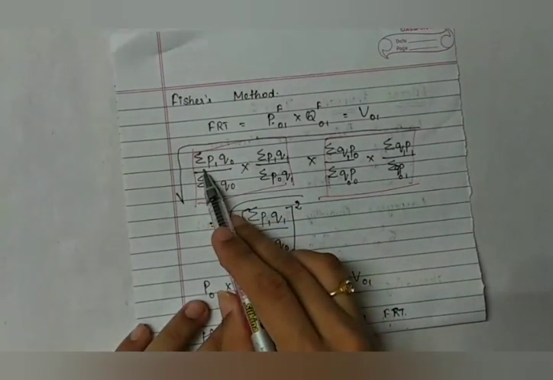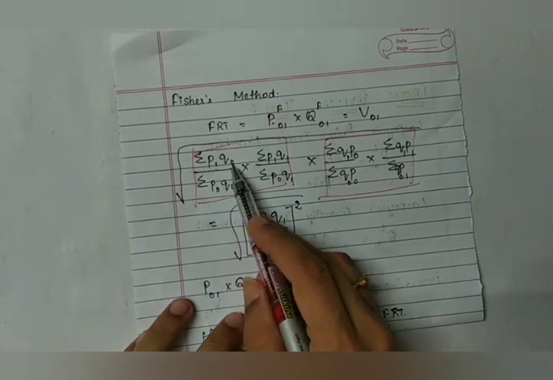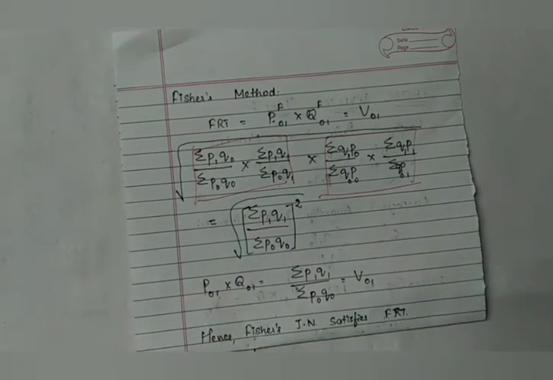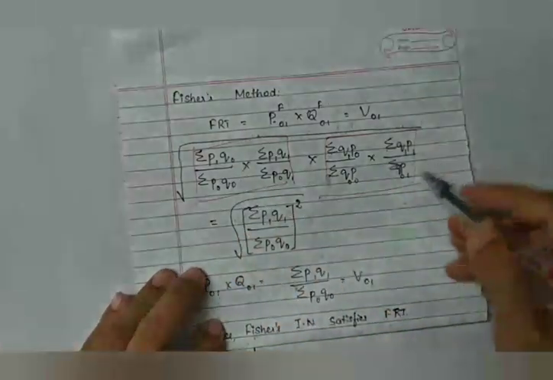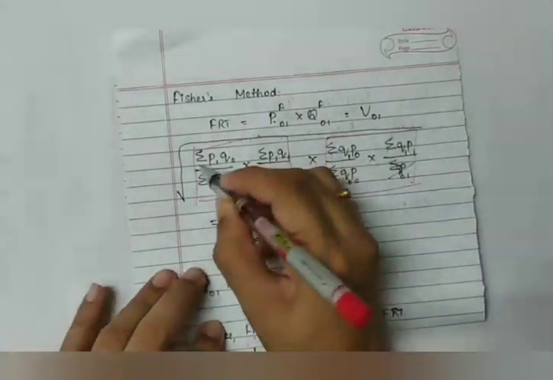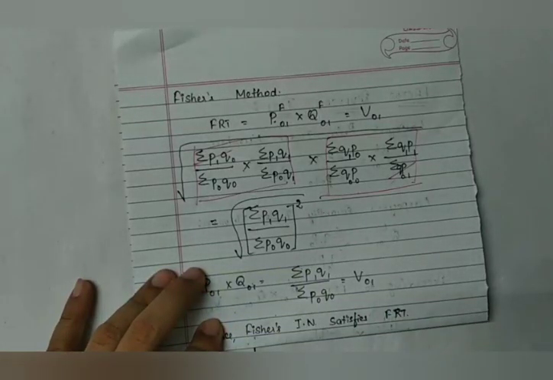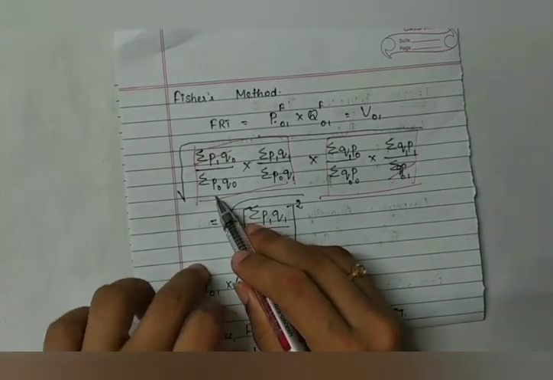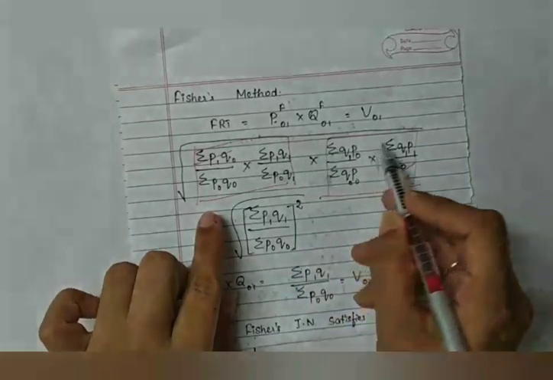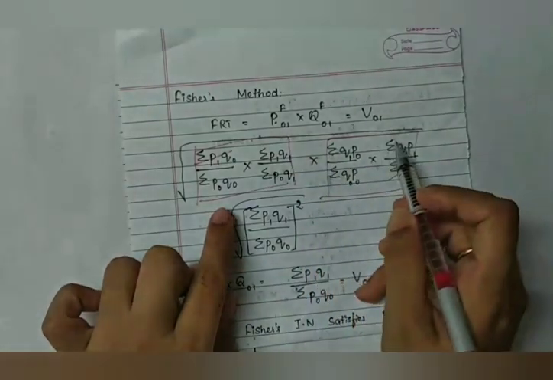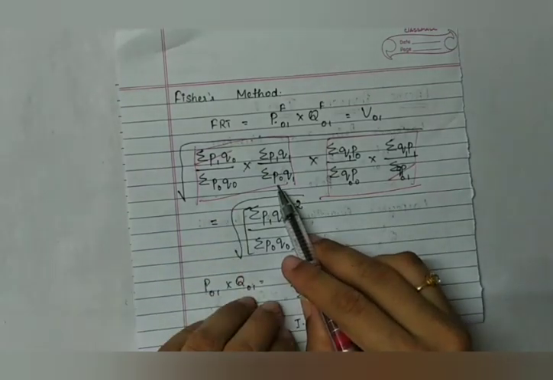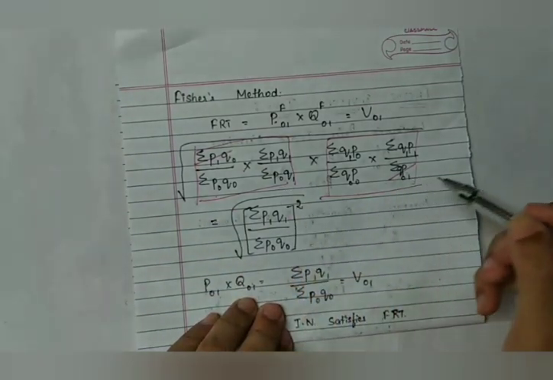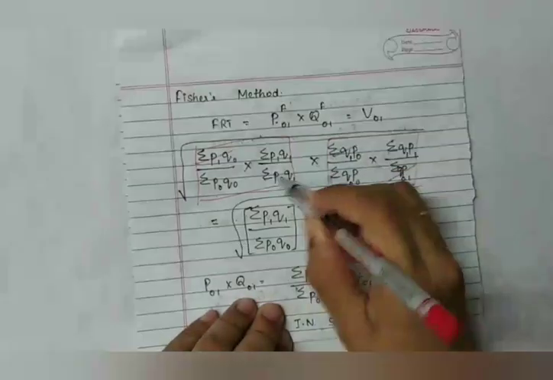See now, P1Q1, so summation P1Q0, it is there here, cancelled. We are simplifying. Next, P0Q0, it is not there here in the numerators. Okay, so next P0Q1, it is there here.